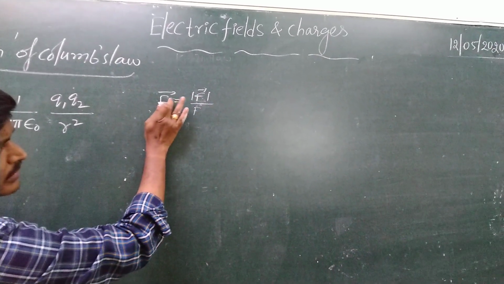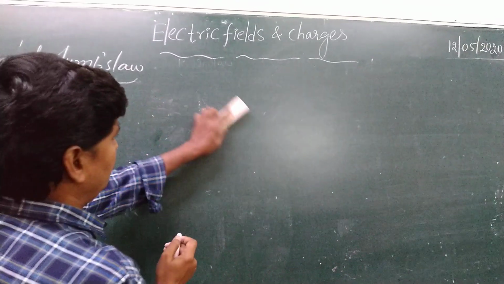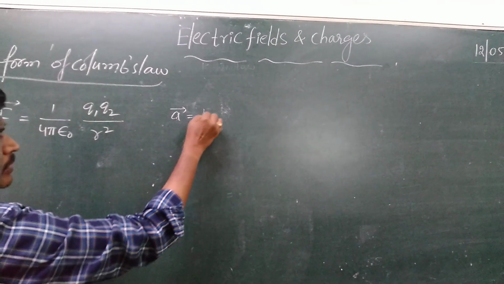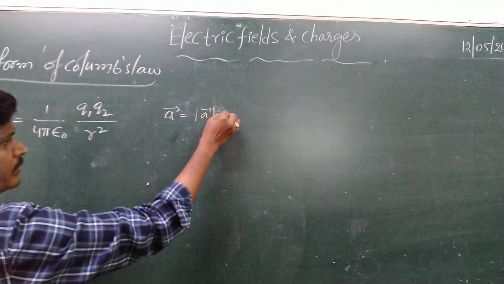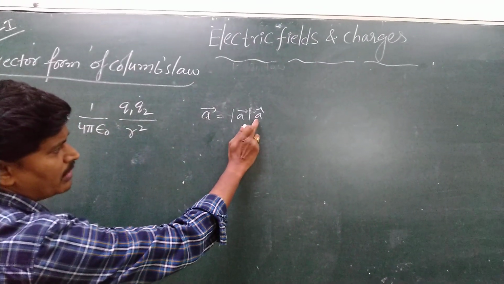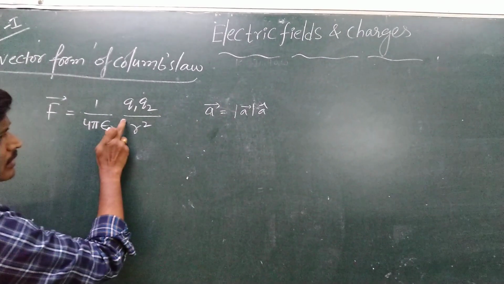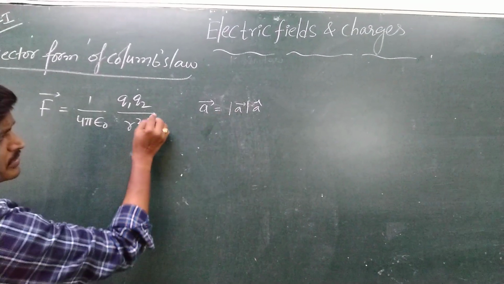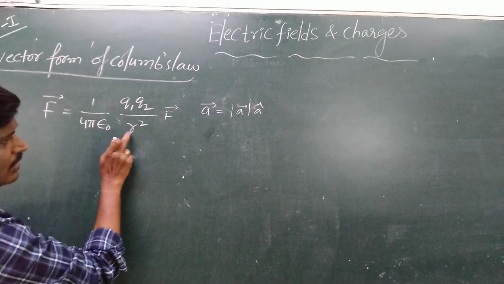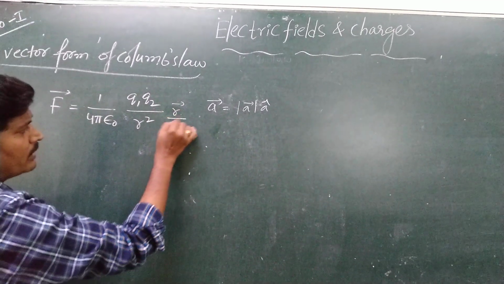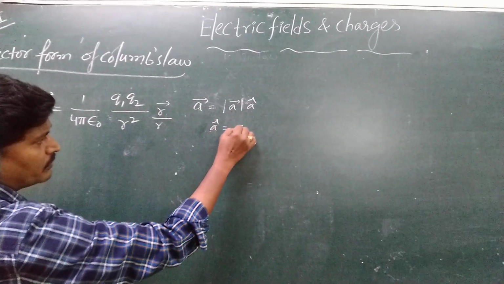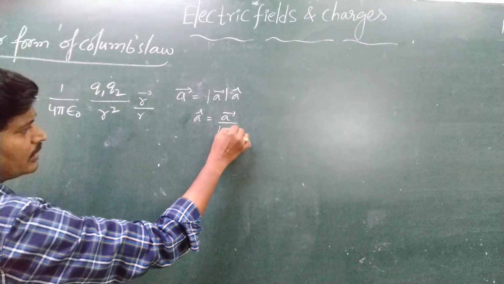A vector can be written as A bar equal to modulus of A bar into A cap. This is the general formula. In vector notation, A cap is equal to A bar by modulus of A bar.